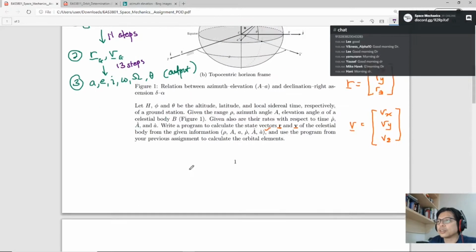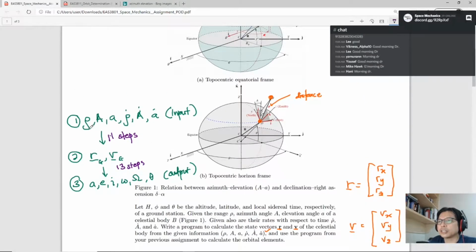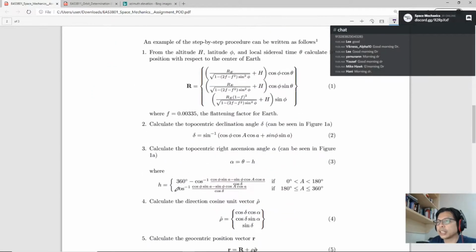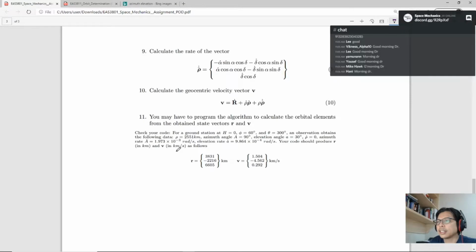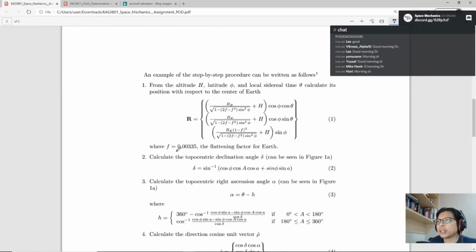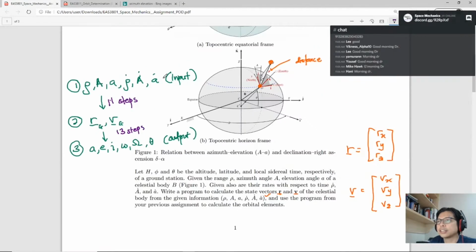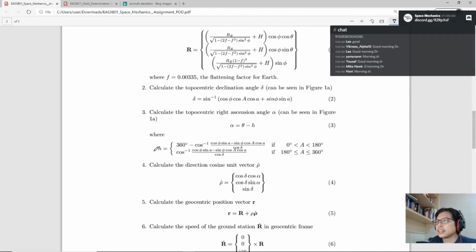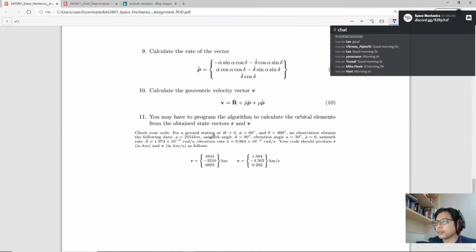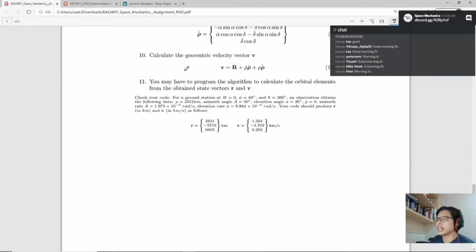So let's do this first, from 1 to 2. What's presented here, steps 1 to 11, the point is, given this here, you need to calculate these two. You can see that it involves a lot of sine angles and everything. Again, I got an example here.